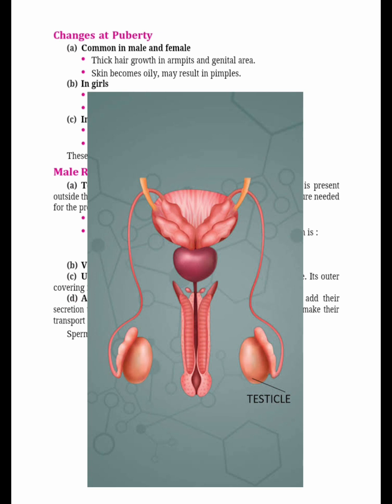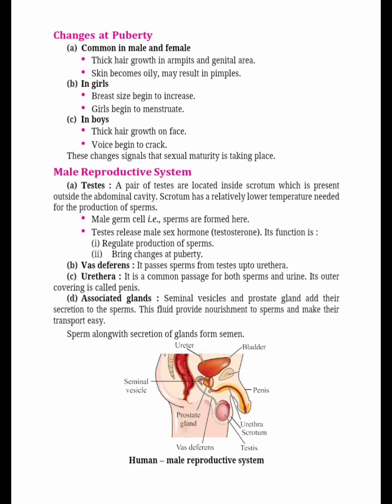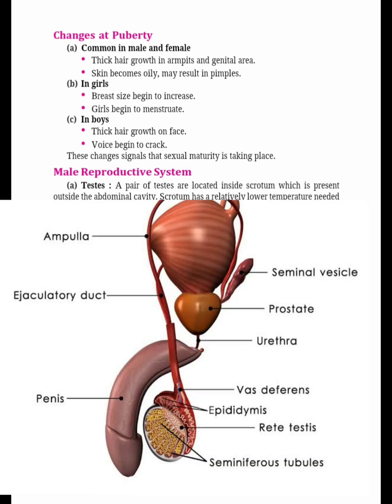The second one is the vas deferens. It is a route, that is the pathway of the sperms from the testis to the target area. It passes the sperms from the testis up to the urethra. The third one is associated glands. Afterwards the urethra will come. Associated means a combination of two glands, that is seminal vesicles and prostate gland.